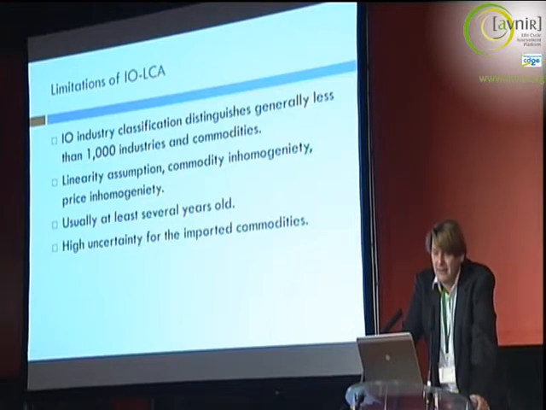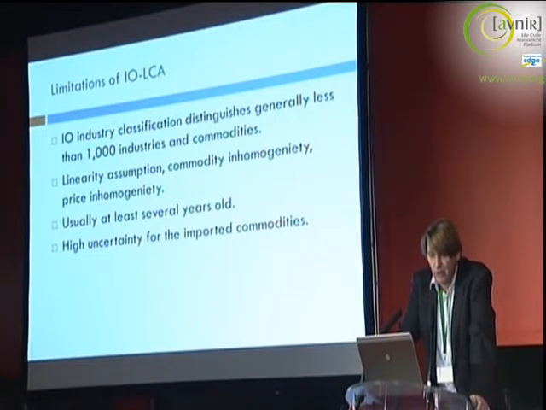Still, let me finish: there are other limitations of input-output life cycle assessment. The input-output industry classification generally distinguishes fewer than 1,000 industries and commodities, but you have, of course, many more if you really want to do a process LCA.